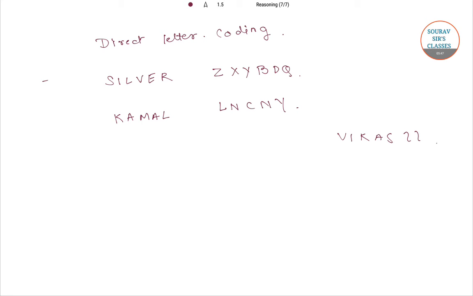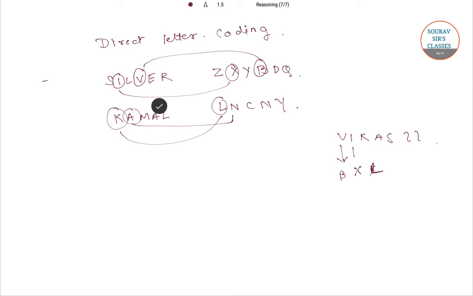what is happening is there is a direct coding. Here V is coded as B. So here we will get B. Next is I. I is coded as X. So we get the next letter as X. K is coded as L. Then it is L. A is coded as N. Next is N. And S is coded as Z. So VIKAS is coded as BXLNZ.